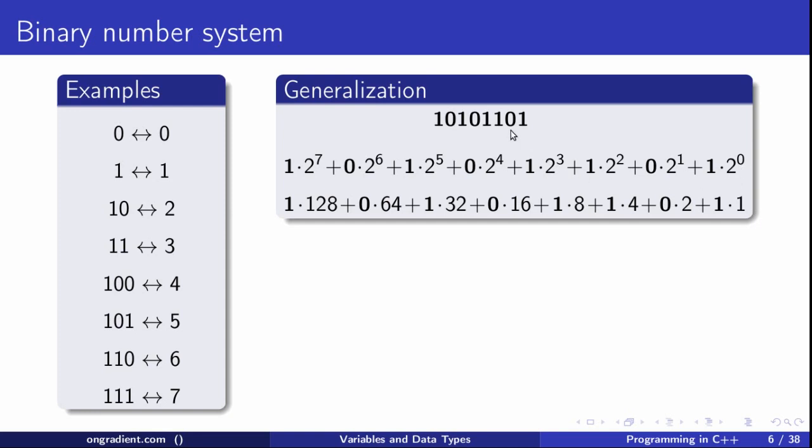The next digit is multiplied by 2 to the power of 1. The next digit in the sequence is multiplied by 2 to the power of 2, and so on. The result of the summation of the products will be associated with the sequence of zeros and ones.